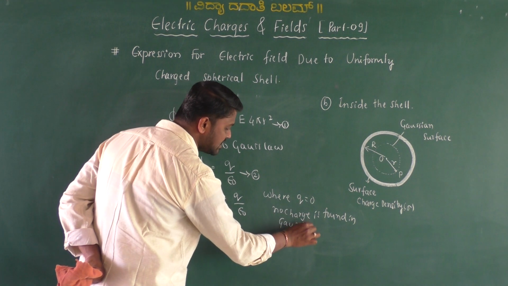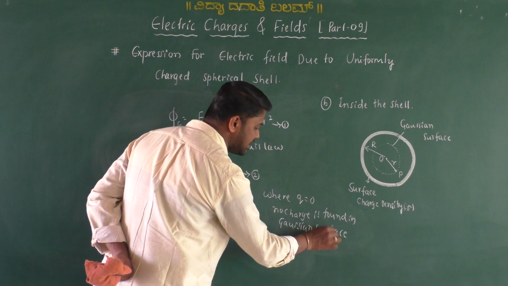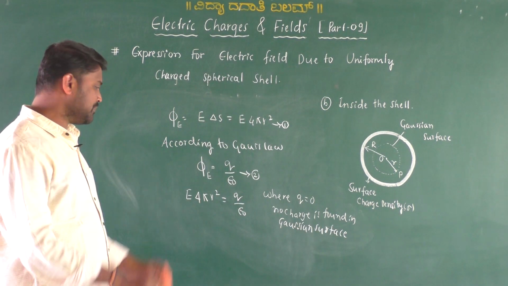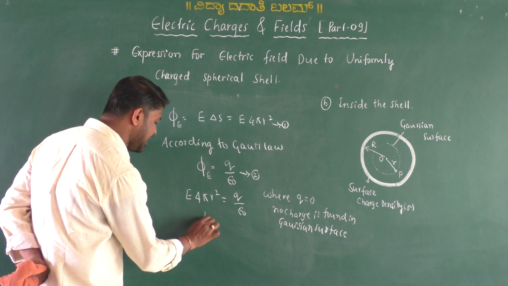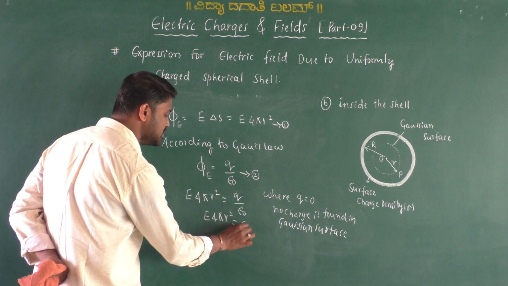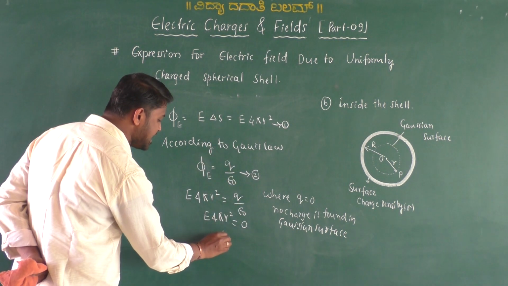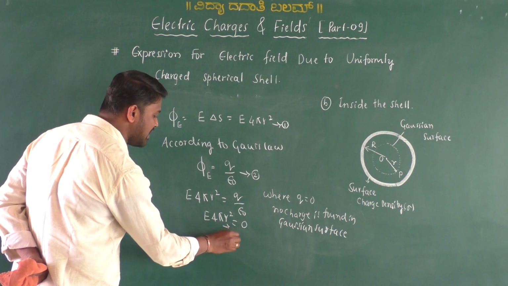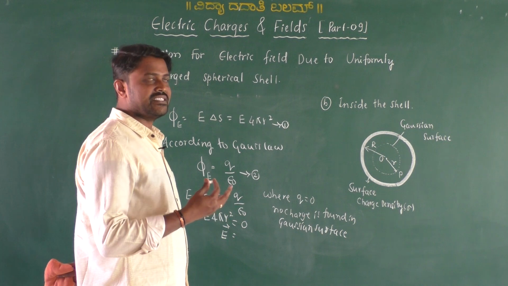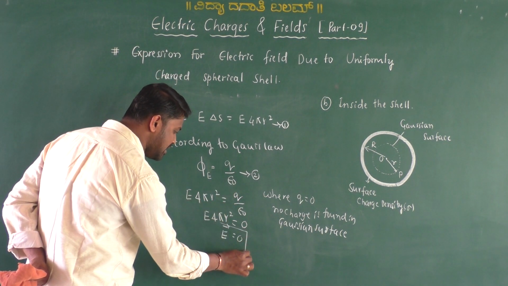Inside this Gaussian surface we do not find any charge. So Q should be 0. Then E 4 pi R square equals 0. To calculate the electric field inside the shell, if we take this 4 pi R square to the other side, 0 divided by anything gives 0.